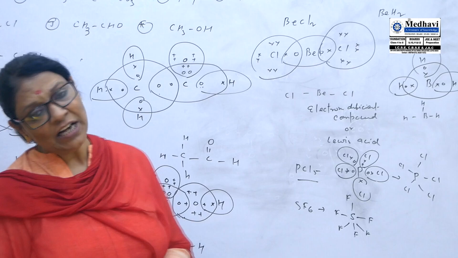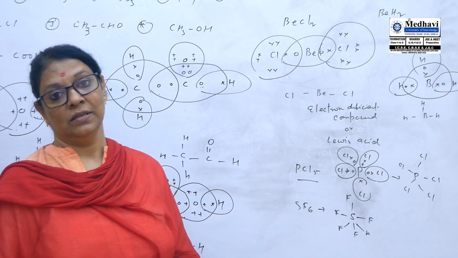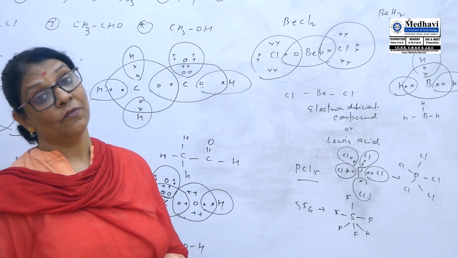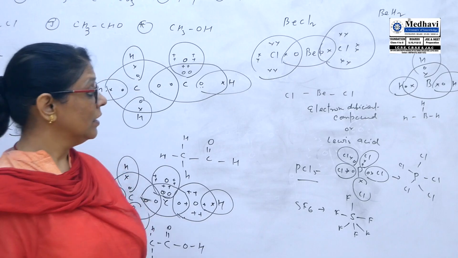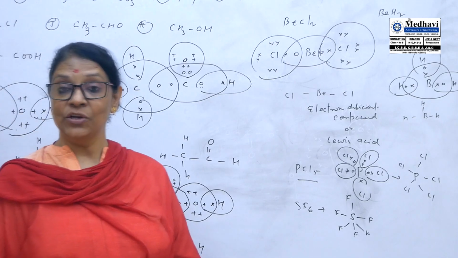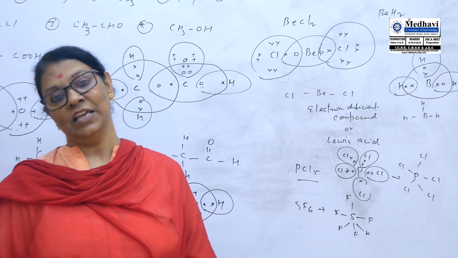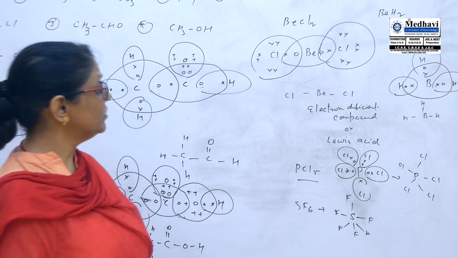Lewis dot structure failed to explain the shape of a compound. What is the shape of the ammonia molecule? What is the shape of carbonate groups? VSEPR theory gives an idea of how to determine the shape of a compound, and I am going to introduce that now.